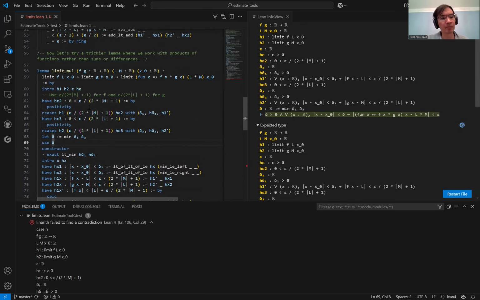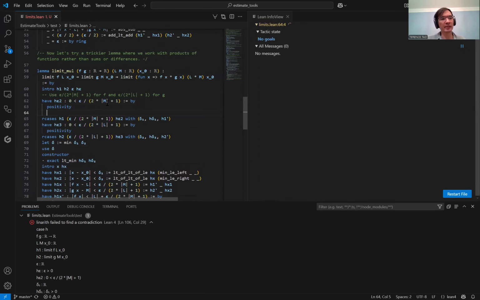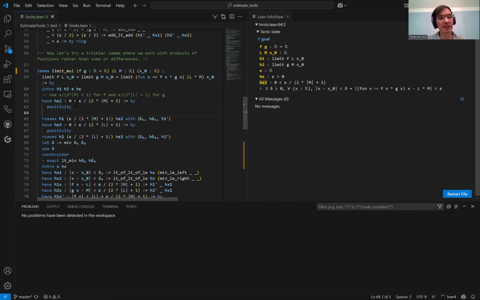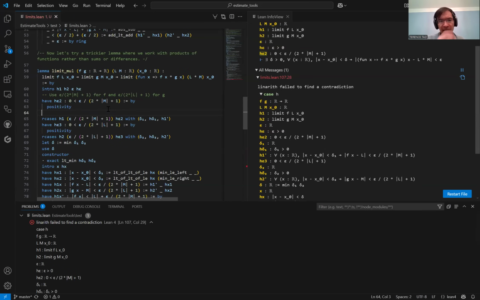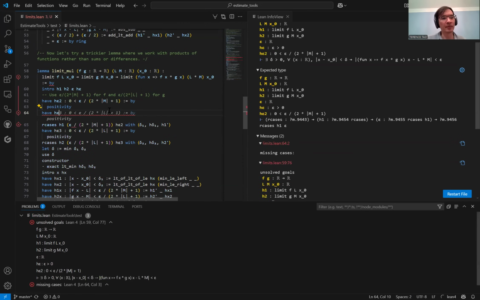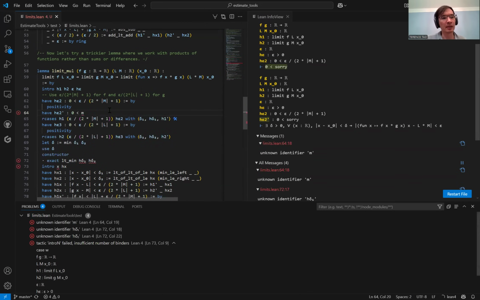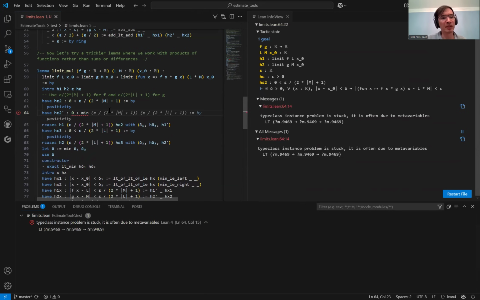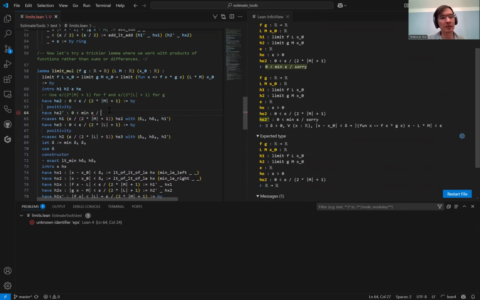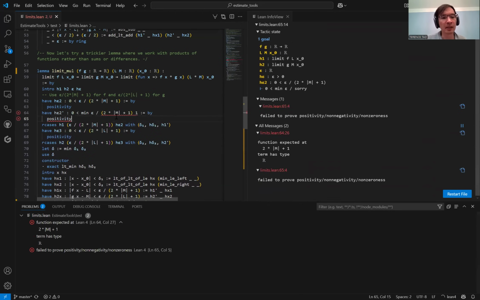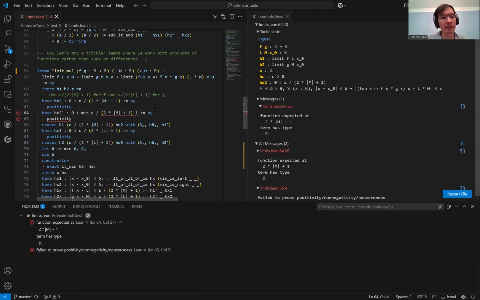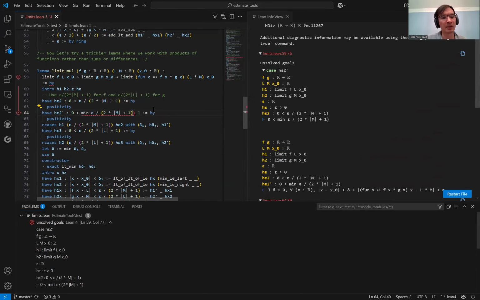I'm going to replace. Okay, so instead of epsilon over 2m plus 1, we can pick any positive epsilon for our continuity statement. So what we're going to do here is take the minimum of this and 1. There we go.